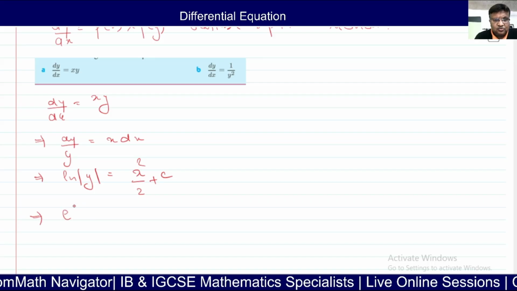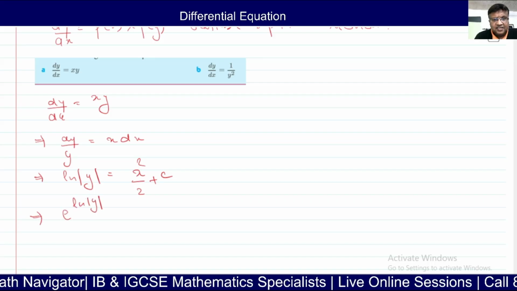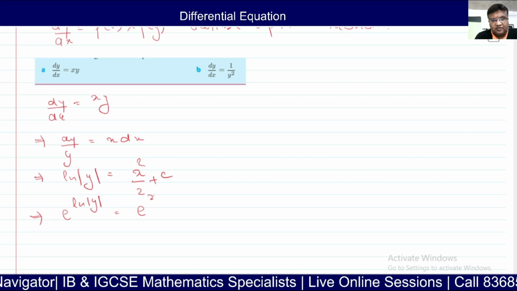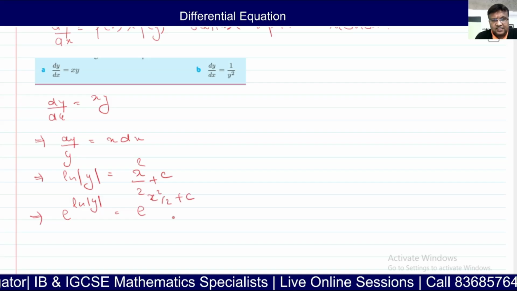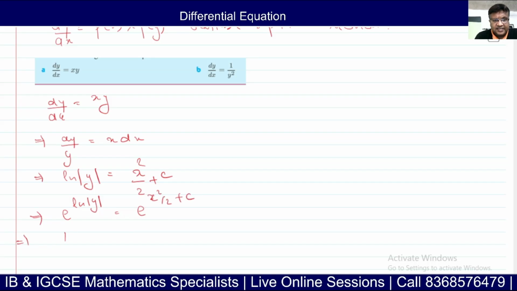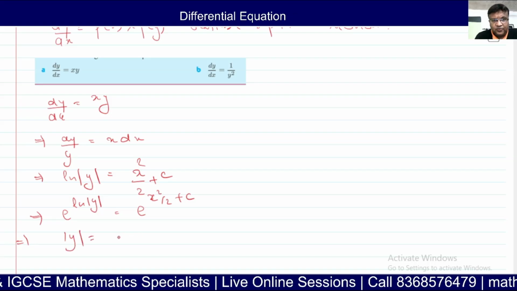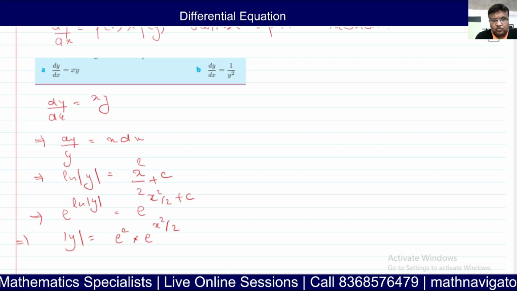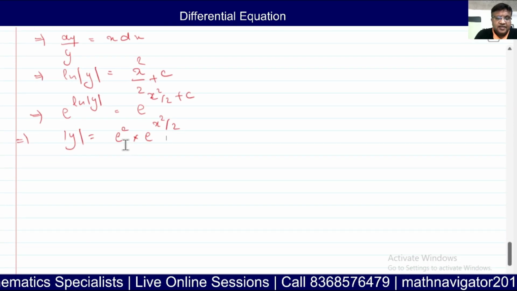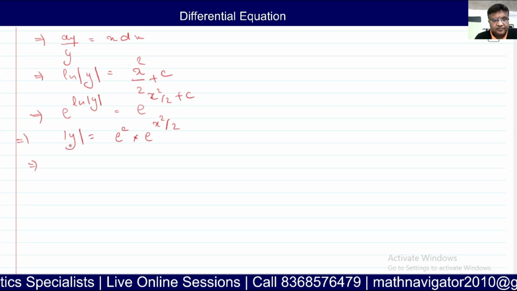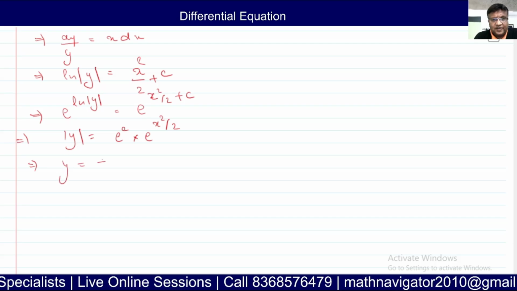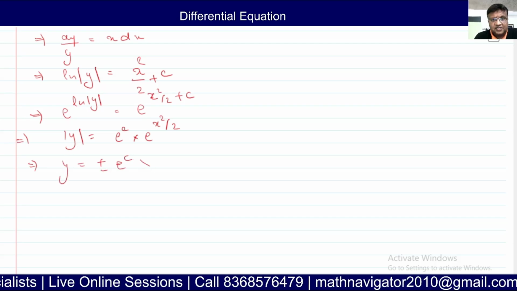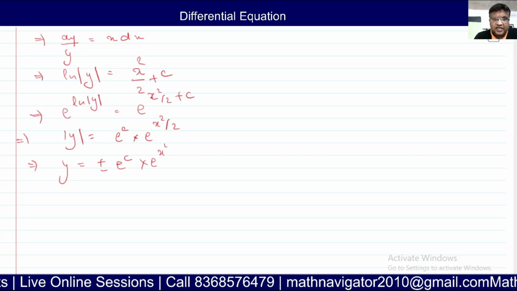So e raised to the power of ln y is equal to e raised to the power of x squared by 2 plus c. So I can write y is equal to e raised to the power c times e raised to the power of x squared by 2. Then y is equal to plus minus e raised to the power c times e raised to the power x squared by 2.